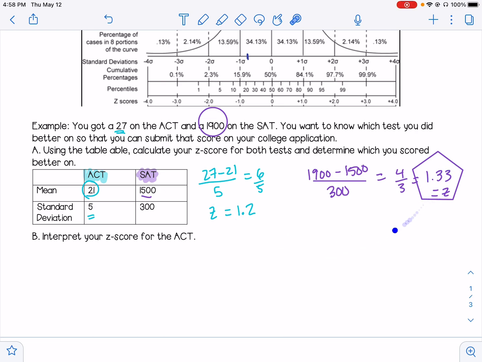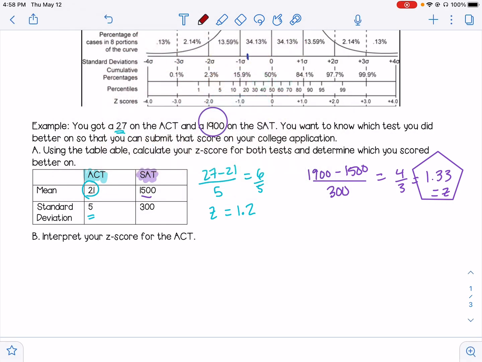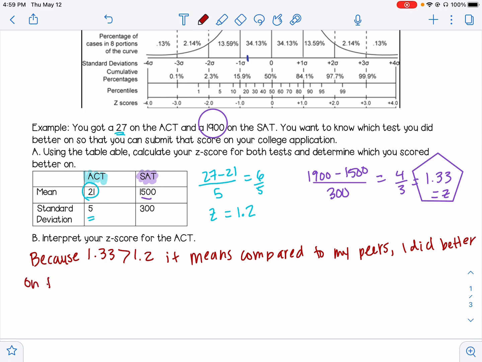But looking here, what we're really trying to see is how did you do compared to your peers? And that's where the standard deviation and the mean come hand in hand. So if I were actually to answer this problem altogether, I would say something along the lines of, because 1.33 is greater than 1.2, it means, compared to my peers, I did better on the SAT.